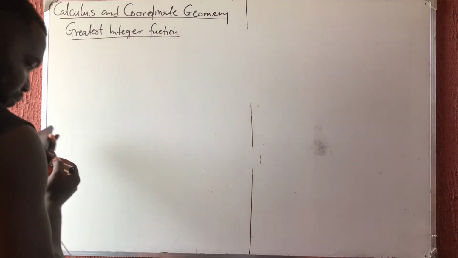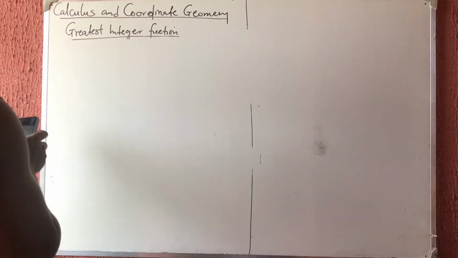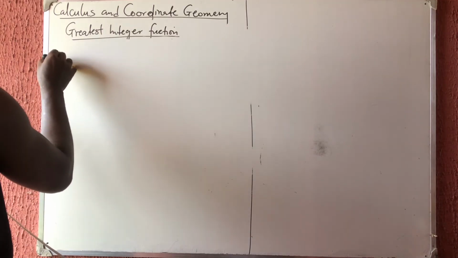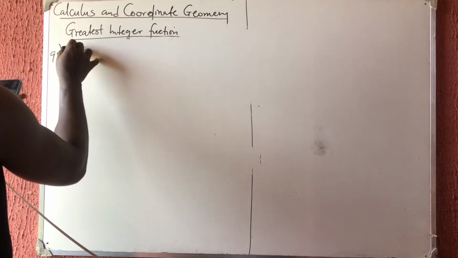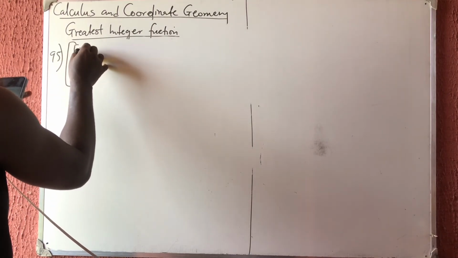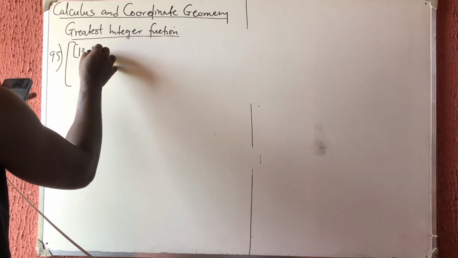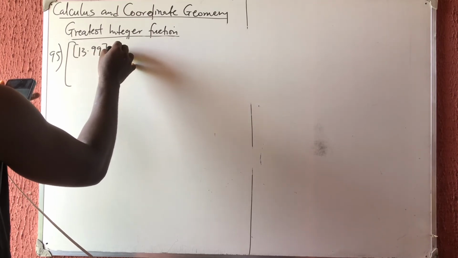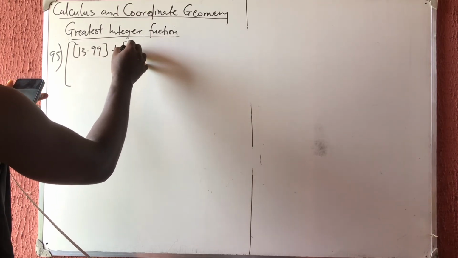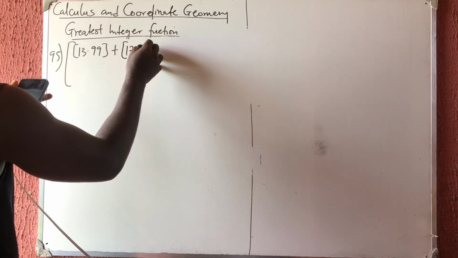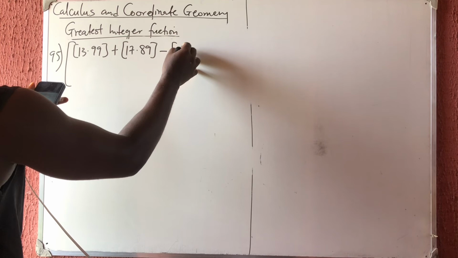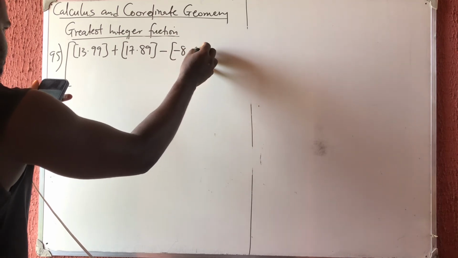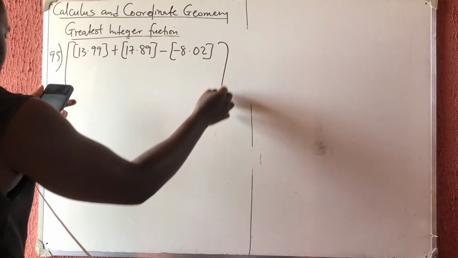The last question here is question number 95. Question number 95 said: the greatest integer function of 13.99 plus the greatest integer function of 17.89 minus 8.02, we close.